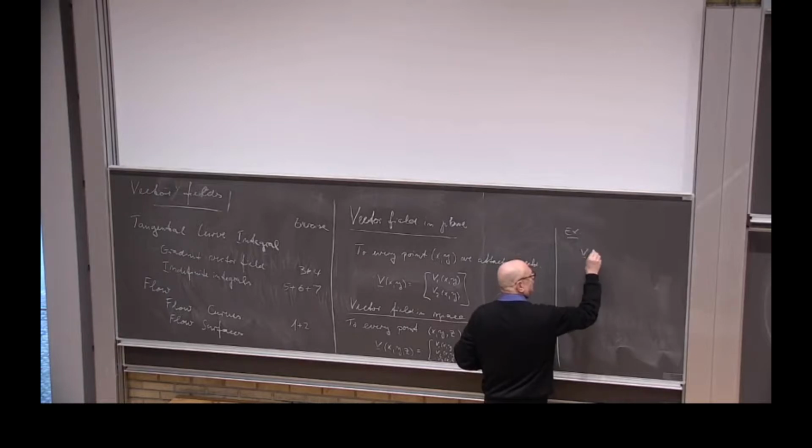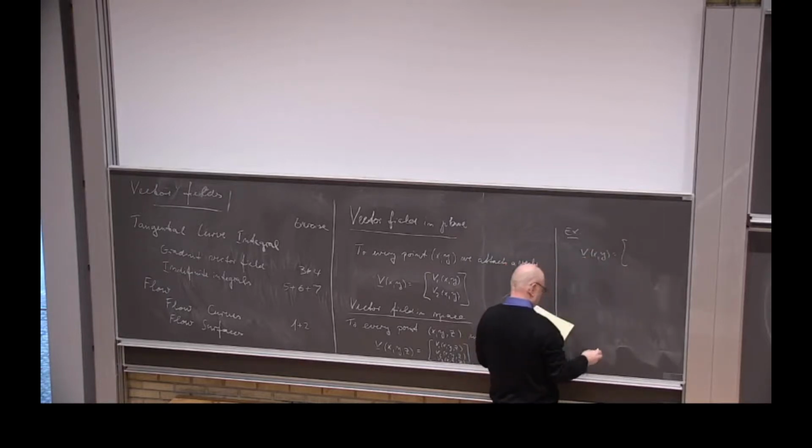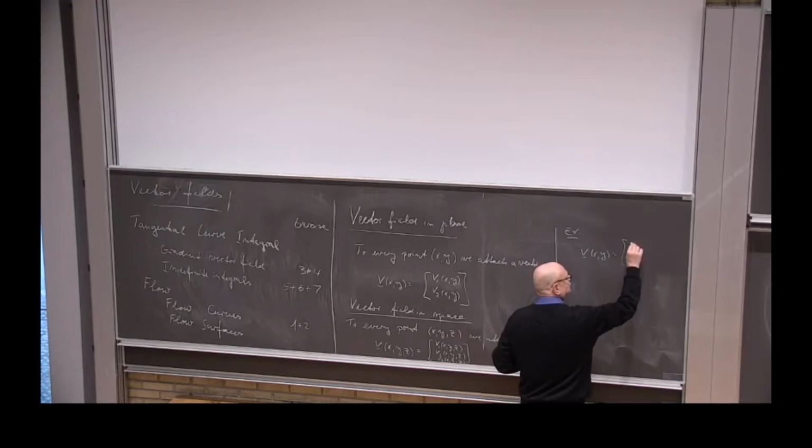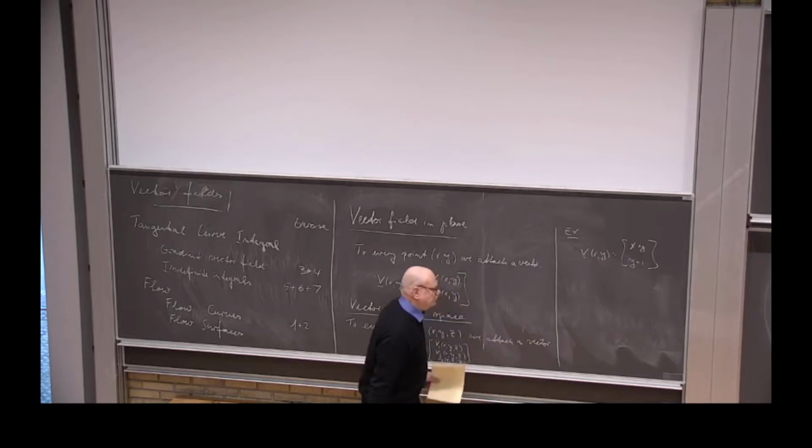And here I am looking at a plane vector field, and it looks like this. The first coordinate function is x times y, and the second coordinate function is y plus 1.